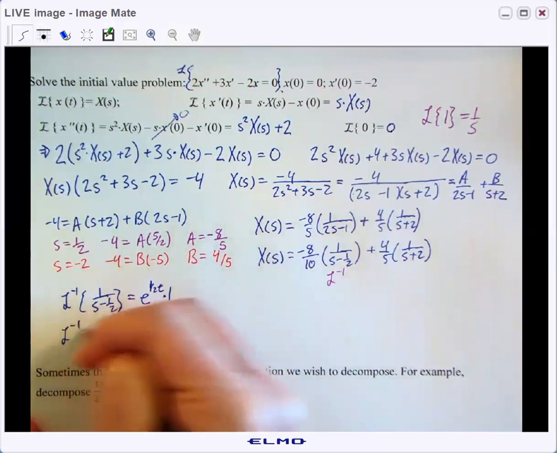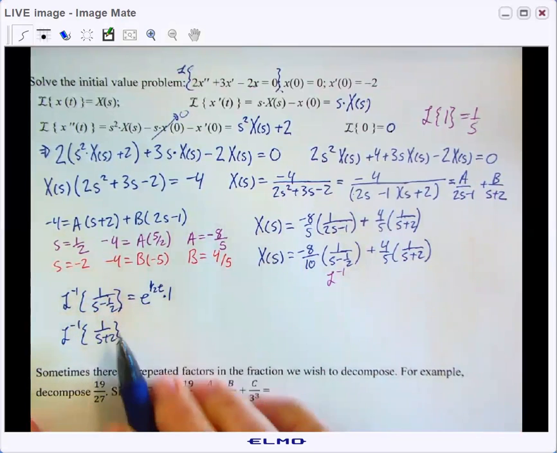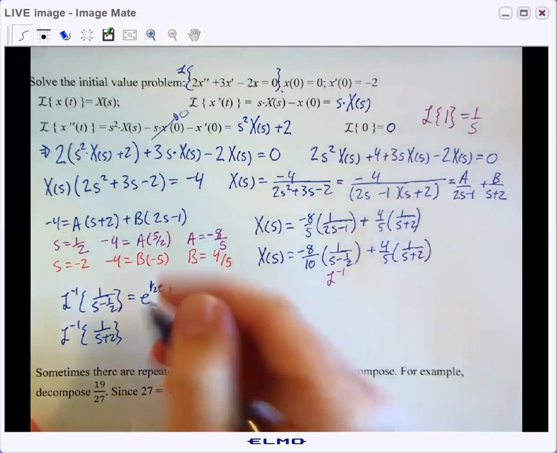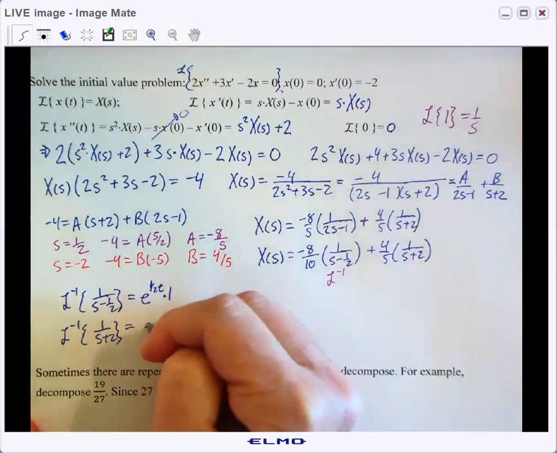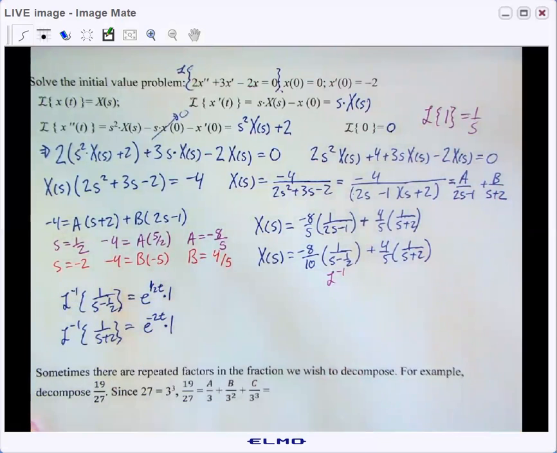The inverse Laplace transform on 1 over s plus 2. So, except for that translation, 1 over s looks like 1 when we do its inverse Laplace transform. So this is going to be e to the -2t times 1.